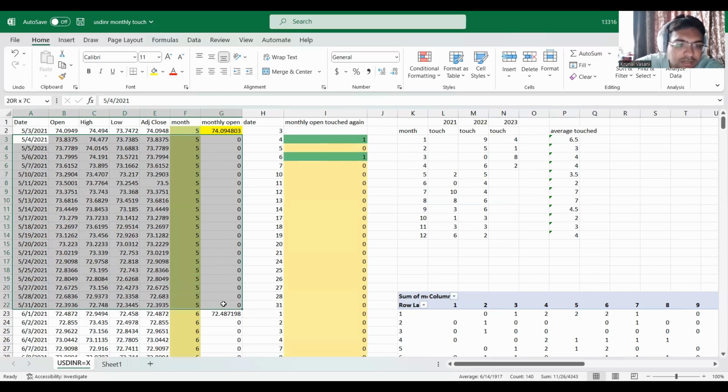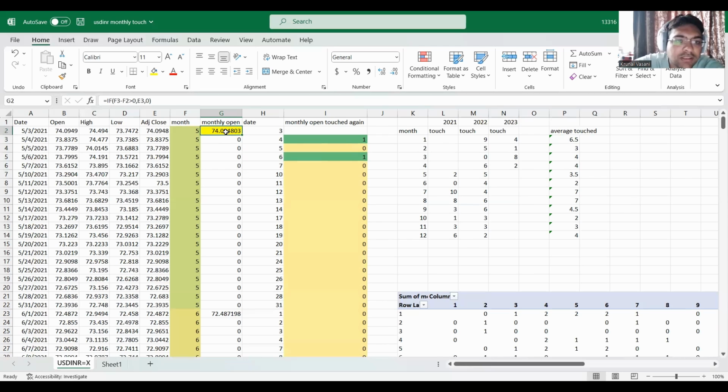If I want to test whether it has tested the monthly open again, I can check if the monthly open is between the high and low of any given day, and then I can say it has touched the monthly open. So let's say 74.1 approximately is between 74.47 and 73.73. It's correct, right? So I can say it has touched the monthly open again.